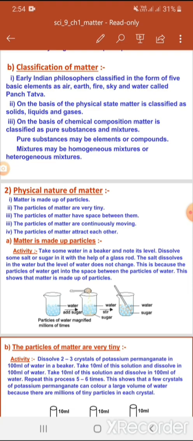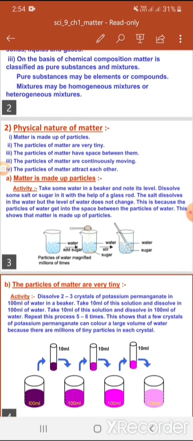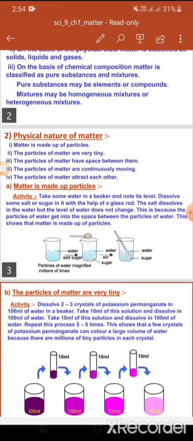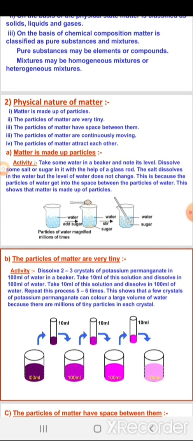Now, a mixture can be a homogeneous mixture or a heterogeneous mixture. So, what do you mean by homogeneous mixture? A homogeneous mixture is one which is evenly spread, in which solute is properly mixed with the solvent.